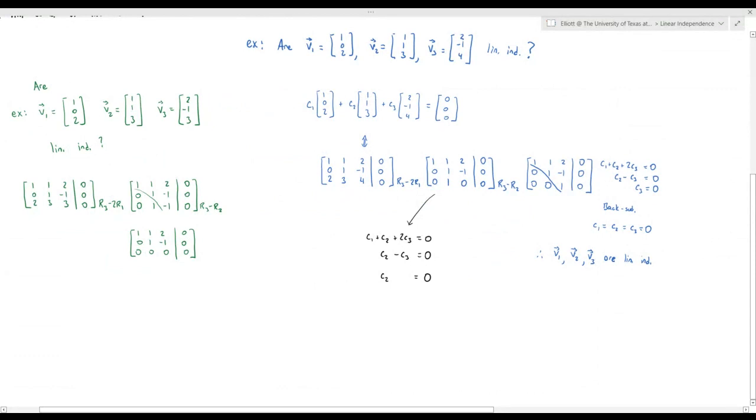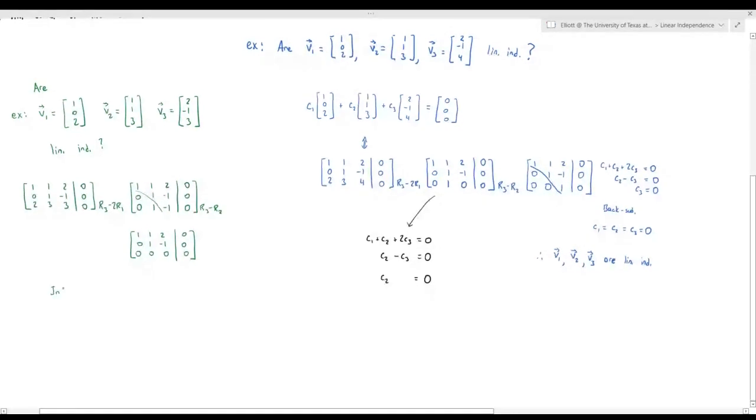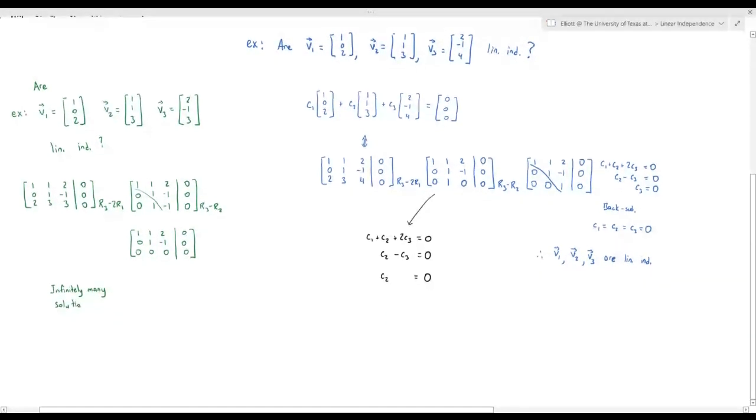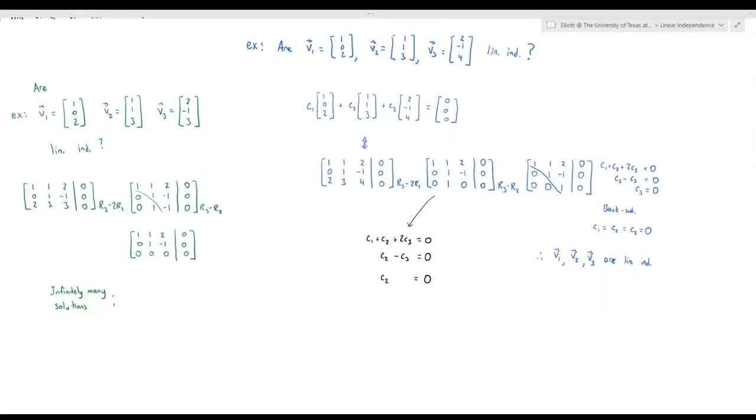So what's going on here is this is an example where you actually have infinitely many solutions to the system of equations. I'll talk about it later, but I'm sure you're familiar that for a system of equations, you've learned there are 3 possibilities, right?